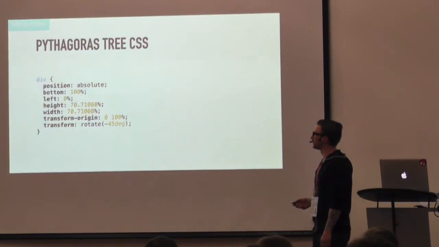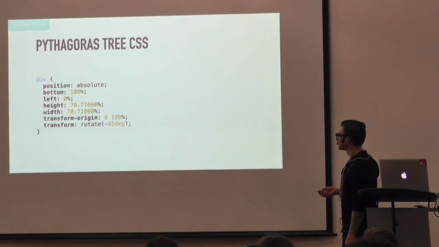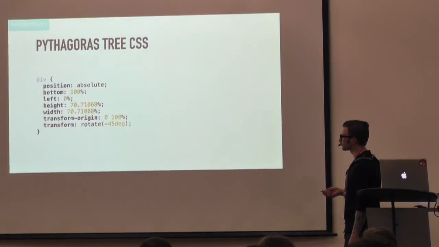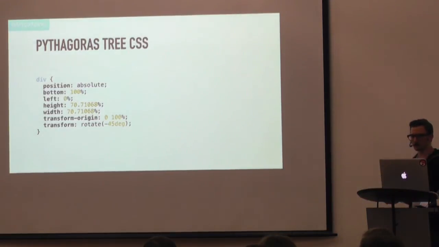All I have is this div, and then I have a height and the width, which is 100 divided by the square root. And then I'm just setting some basic properties. And I'm going to do some live coding later, so don't worry about the font size.